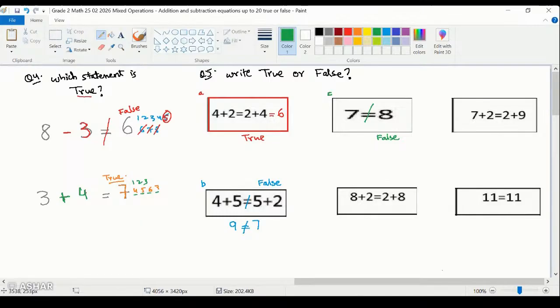Agreed? For the next question, what is 8 plus 2? 8 plus 2 was 10, and 2 plus 8 is also 10, and they are equal, right? So this is a true statement.